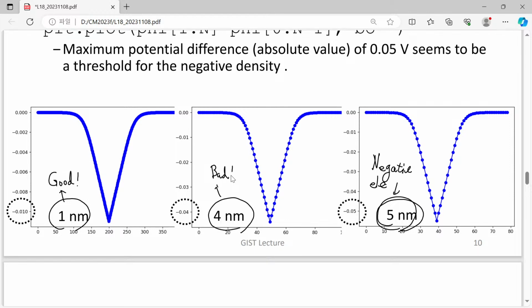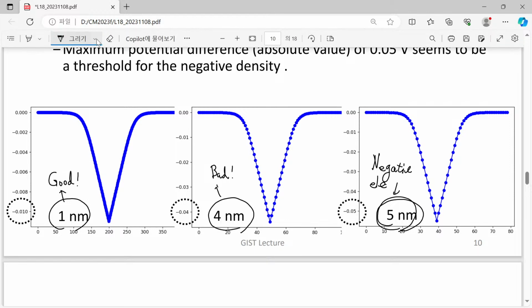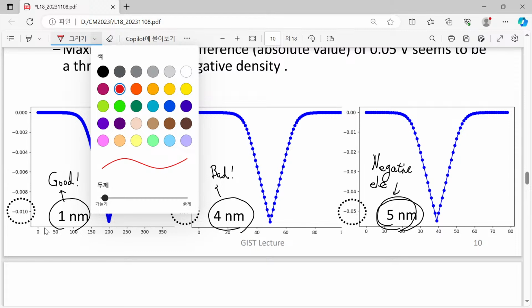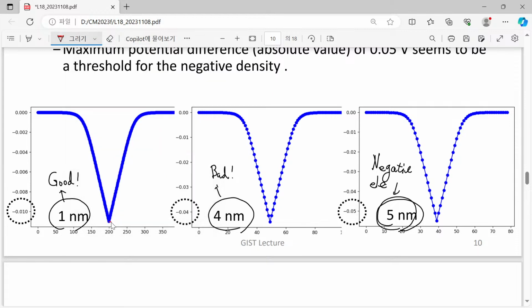The reason why I'm drawing this graph is quite simple: in order to check the maximum value. What was the maximum value? The maximum value of the potential difference between two neighboring nodes.